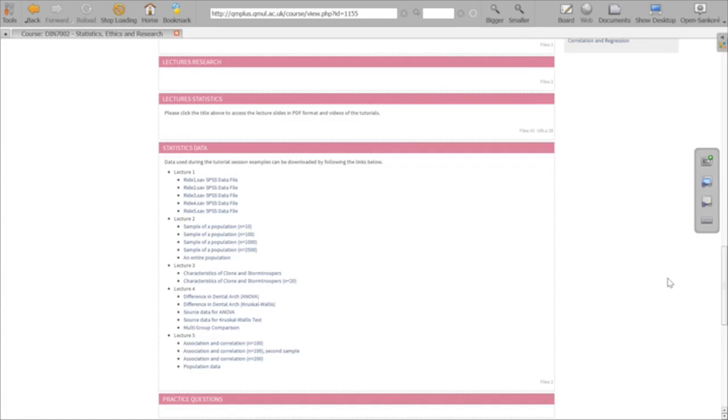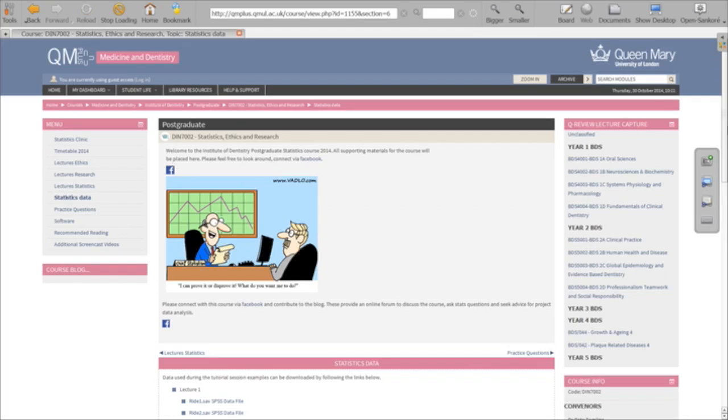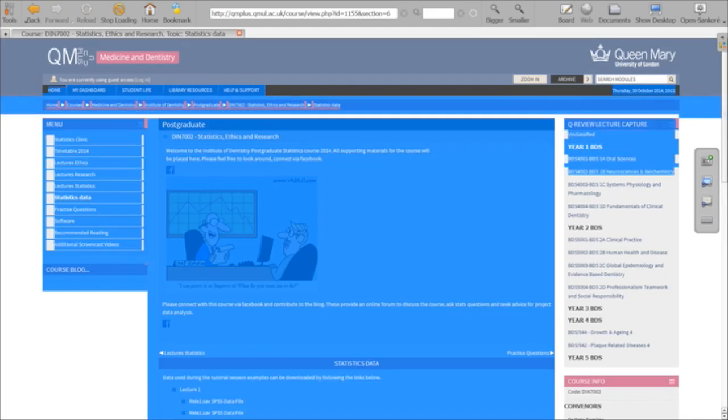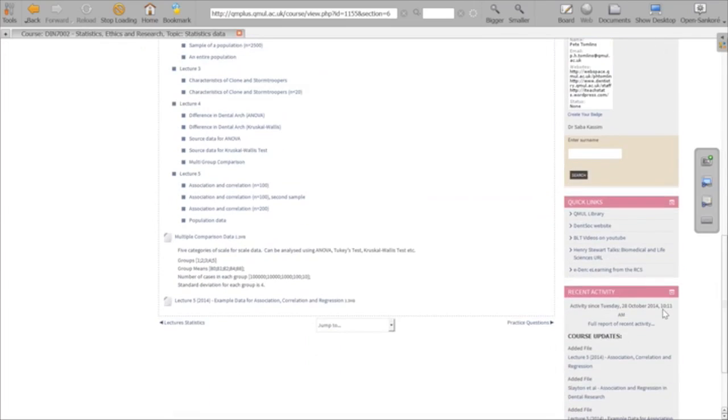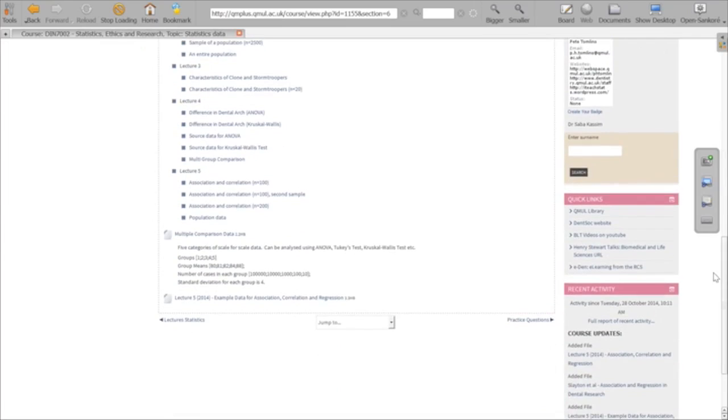It's hidden, so you have to press on the statistics data title, and all of the titles to these sections are links. So if you click on the title there, where it says statistics data, it takes you to another page, and if you scroll down this page, you'll see at the very bottom, Lecture 5, 2014, example data for association, correlation, and regression.